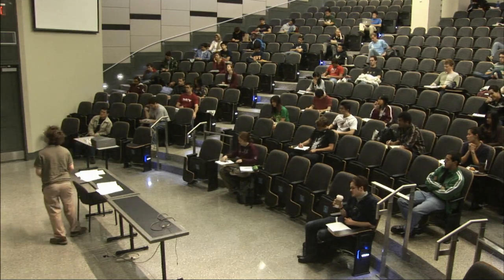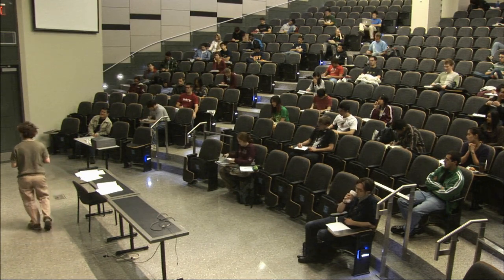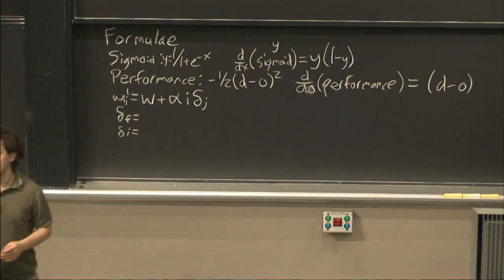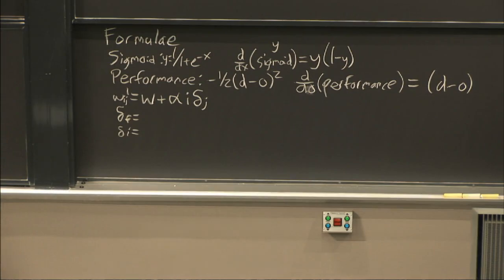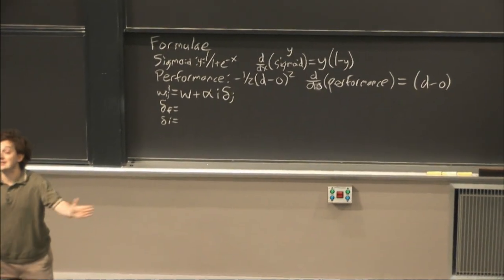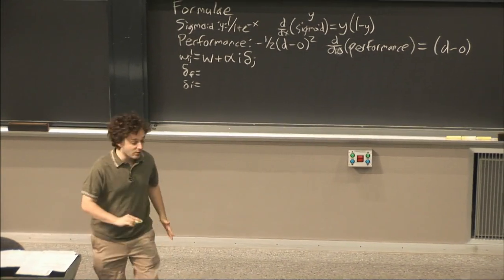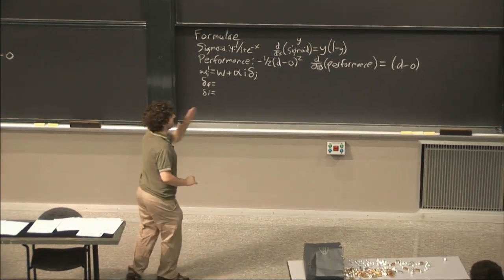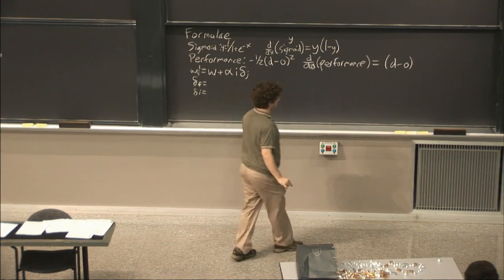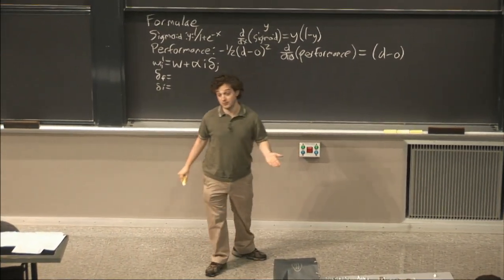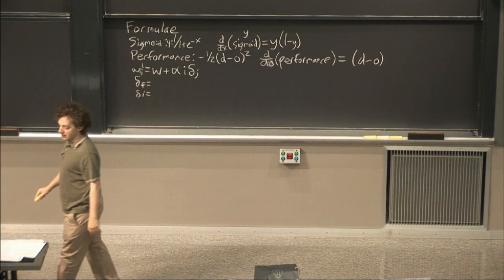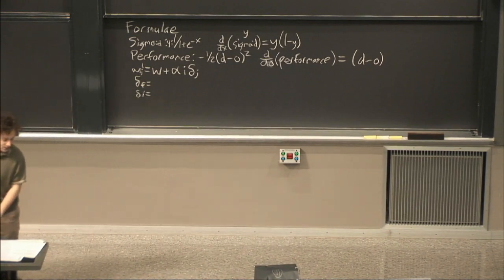So the delta is basically, think of the delta as using partial derivatives to figure out which way you're going to step when you're doing hill climbing. Because you know when you're doing hill climbing, you look around, you figure out, okay, this is the direction of the highest increase, and then you step off in that direction. So the deltas are sort of telling you which way to step with the weights.